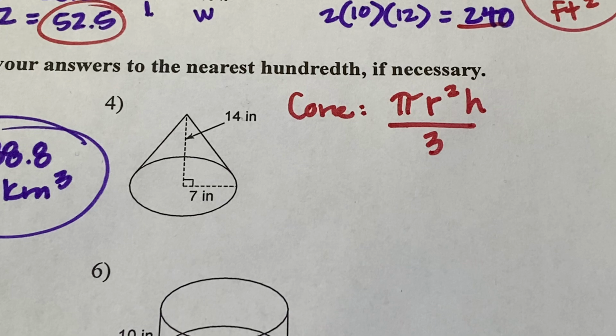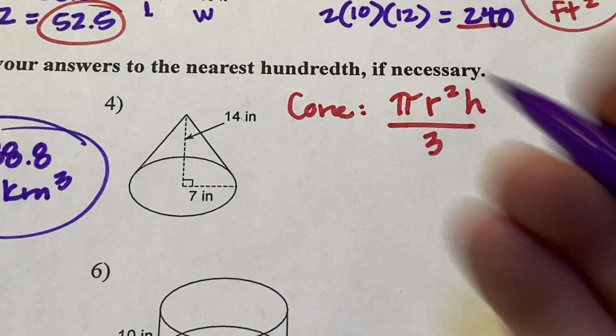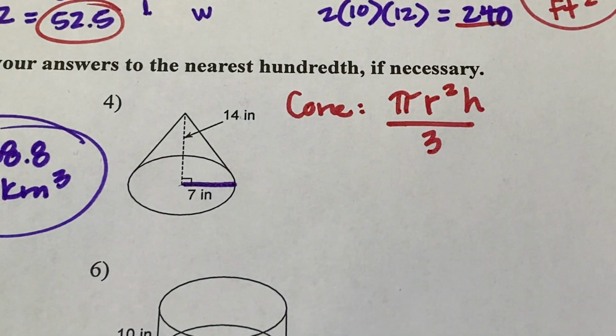This time I need 2 measurements in order to plug into this formula. I need the radius and I need the height. It's very important that you know which is which. Which one is my radius for this cone? 7. Good job. And which is my height? 14, how tall it is.